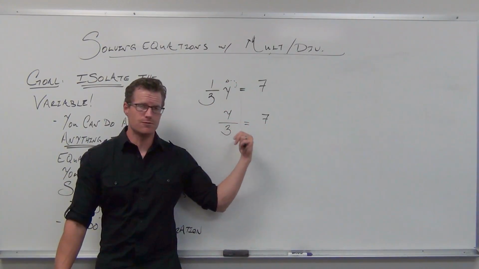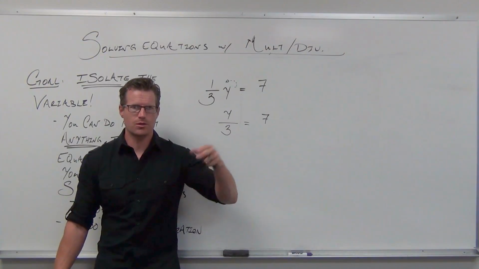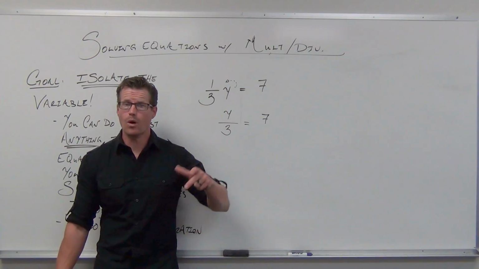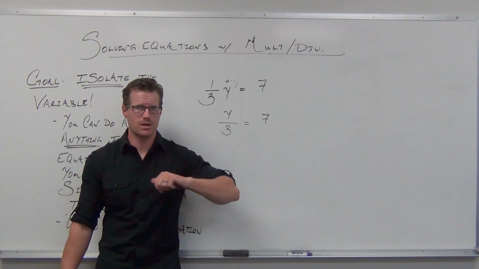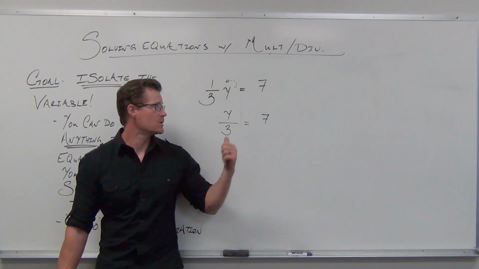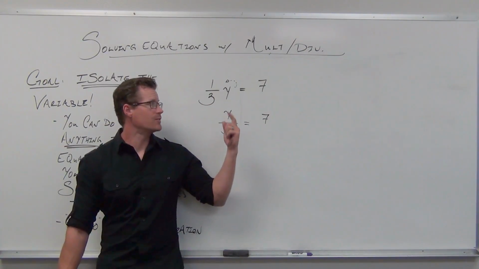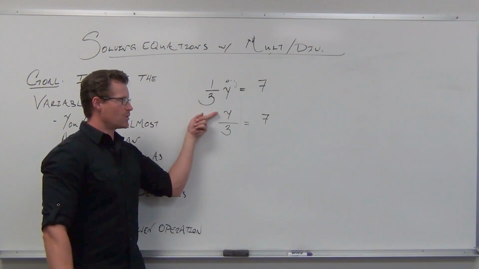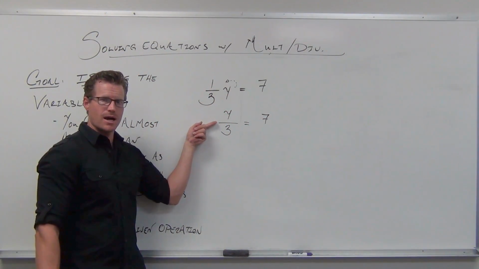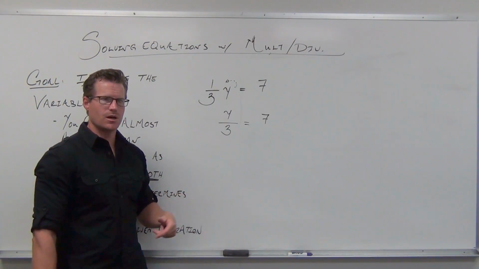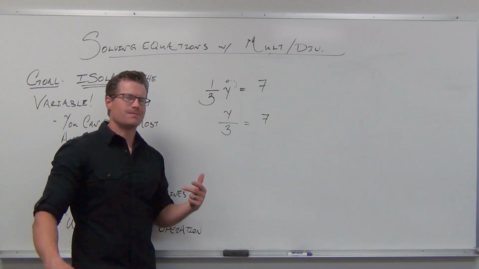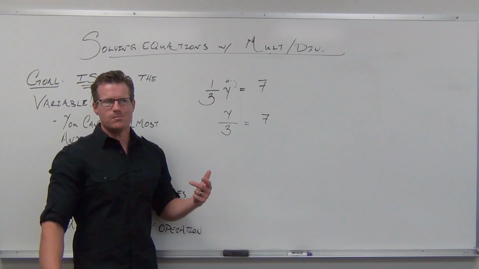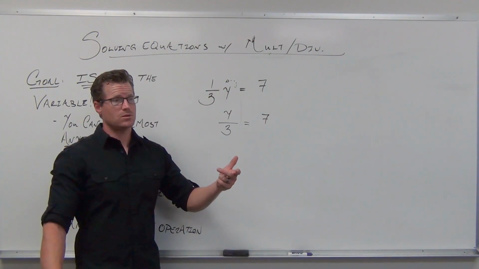If you take something and divide it by 3, you're cutting it into 3 equal parts. They mean the same thing. 1/3 y and y divided by 3, identical. We're just choosing to look at it this way because instead of dealing with multiplication of fractions, you're now just dealing with y divided by 3. Fractions are division.